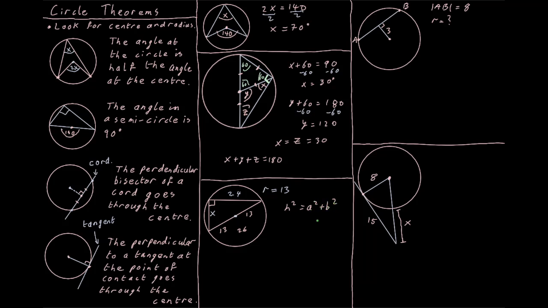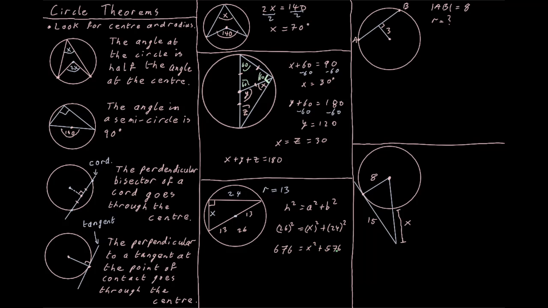So we can see how much of our triangles work comes into our circle type questions. So 26 squared, that's my diameter line, my hypotenuse across from my right angle, is equal to x squared plus 24 squared. And when I put that into my calculator, I get 676 is equal to x squared plus 576.